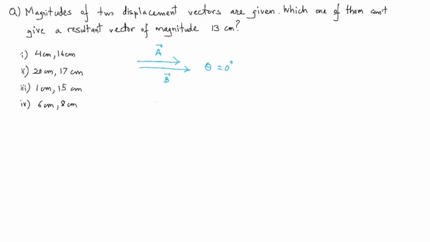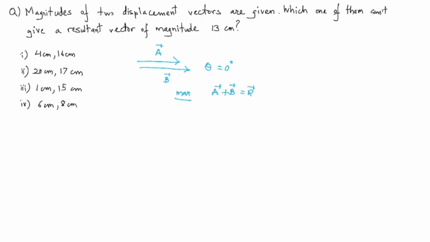This is the condition for the max value. In this case both the vectors will straight up add, a vector plus b vector, okay? That is equal to r vector.